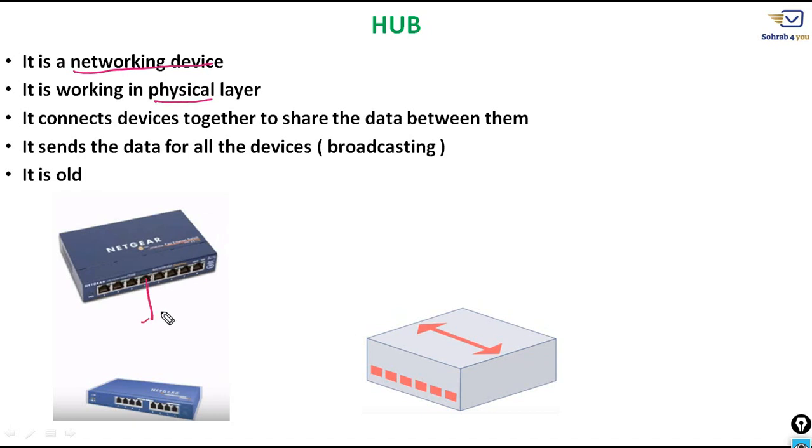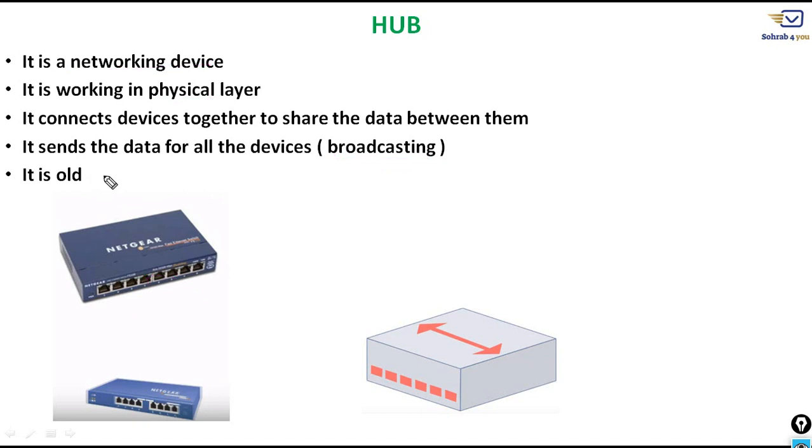When a device wants to send data, it comes to the hub. It sends the data to all the devices, which means it is doing a broadcast. And it is an old technology.